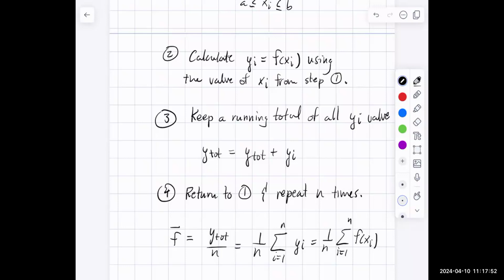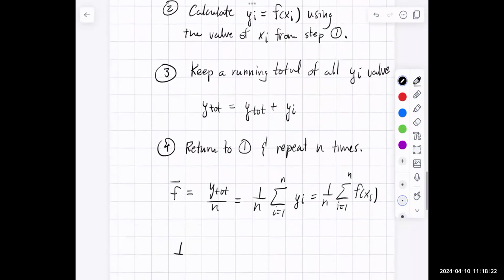When we did the hit and miss method, we already established how to generate x values. We can always do step 2, because if we're going to integrate some function, we must know ahead of time what the function is. It's maybe really complicated, but it's still just crunching some numbers. Keeping the running total of the y values is possible, and then this is a trivial calculation at the end. So then we could say that our integral is going to be approximated as b minus a times f average. And that's the whole thing.